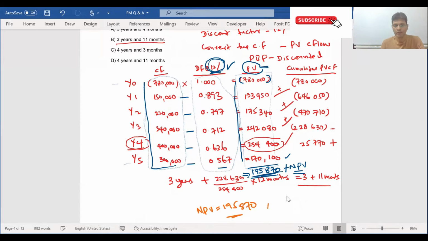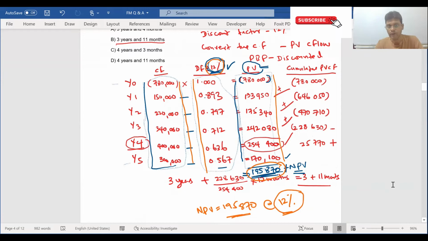So this is at 12% cost of capital. So we took the cash flows, these are the cash flows we took. These are the discounting factors at 12%, and these are the present values at 12%. We arrived at 195,870.